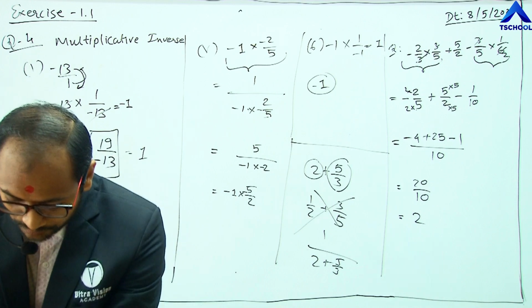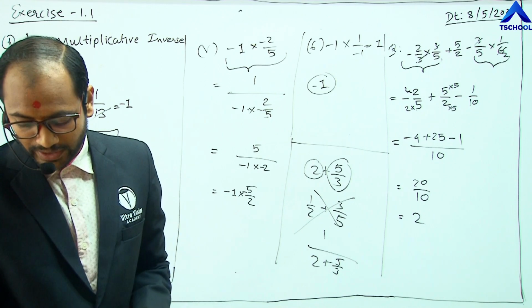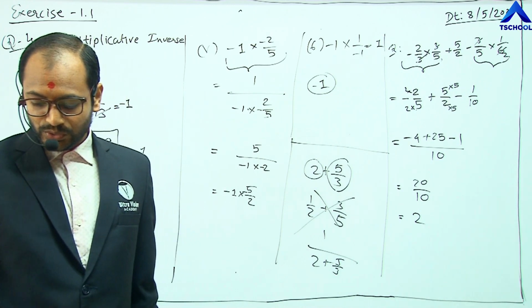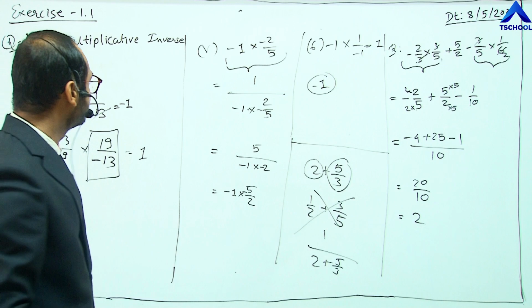Now let us do the last process, question number 5. Name the property under multiplication used in each of the following.